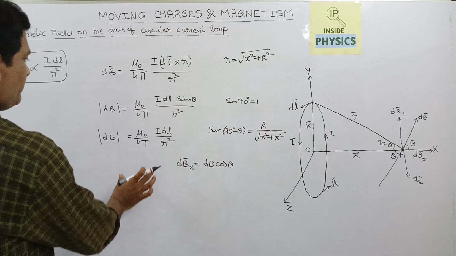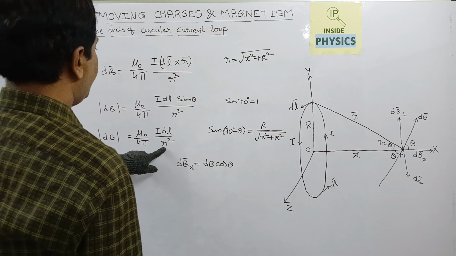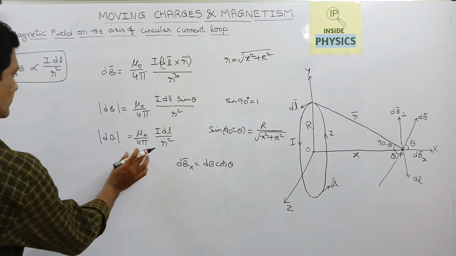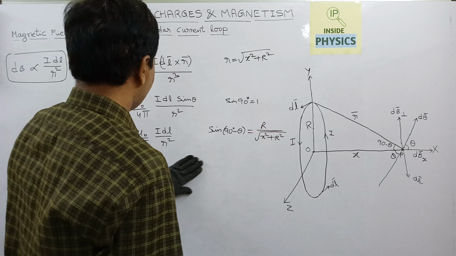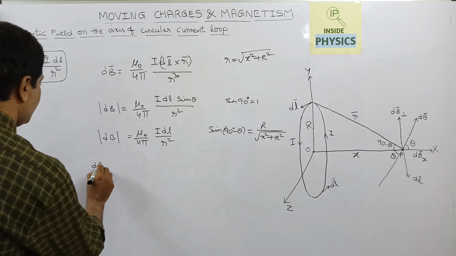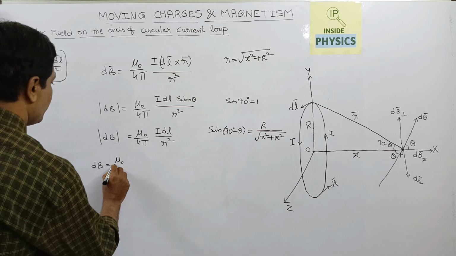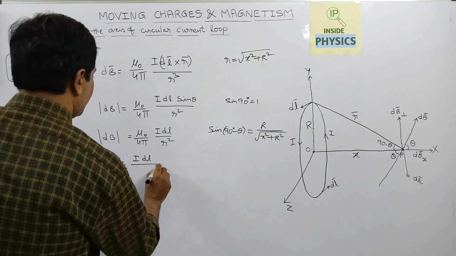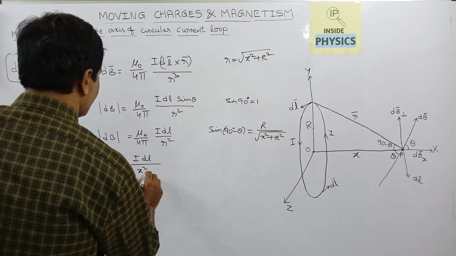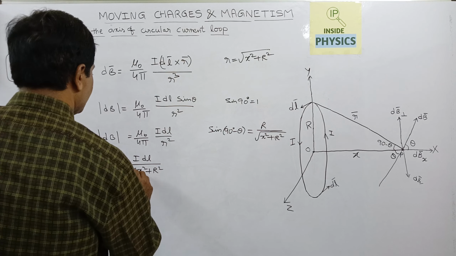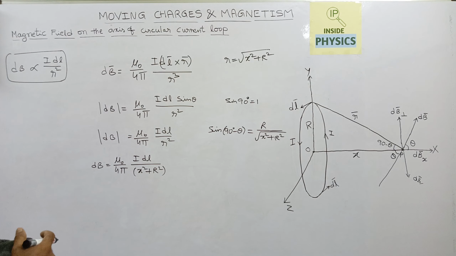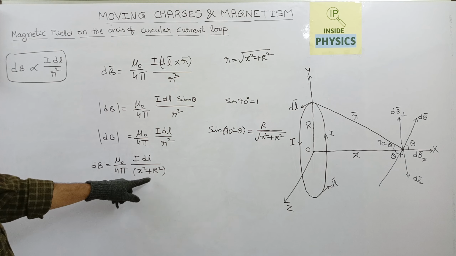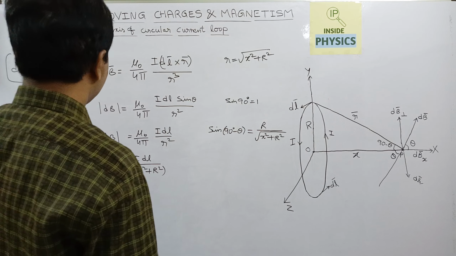With the help of this equation, r is equal to root of x square plus r square, so we can write dB, the magnitude, is equal to mu naught by 4 pi I dl by x square plus r square.